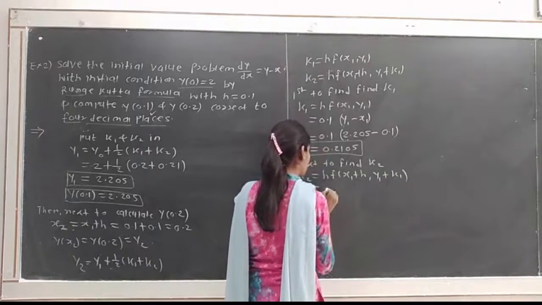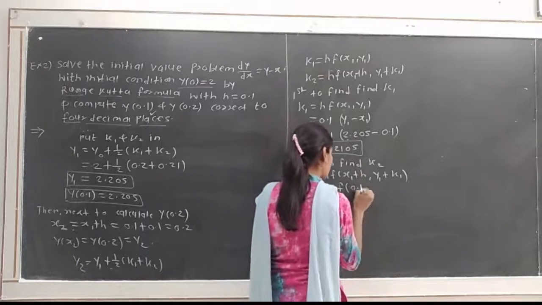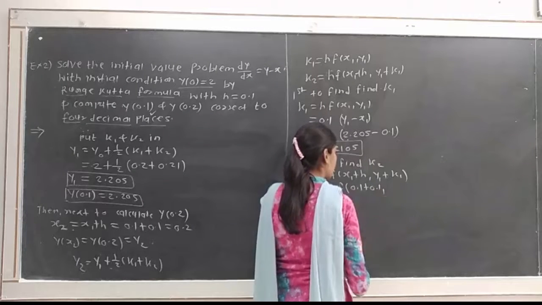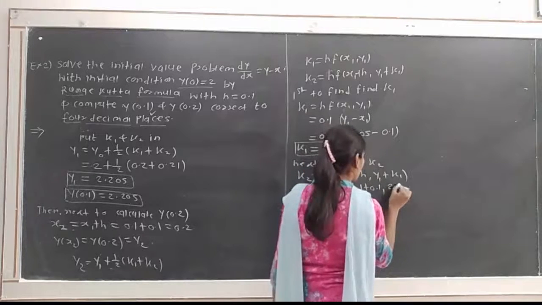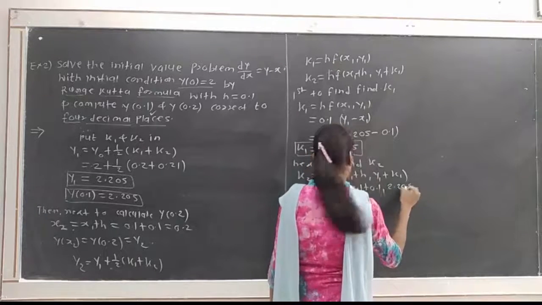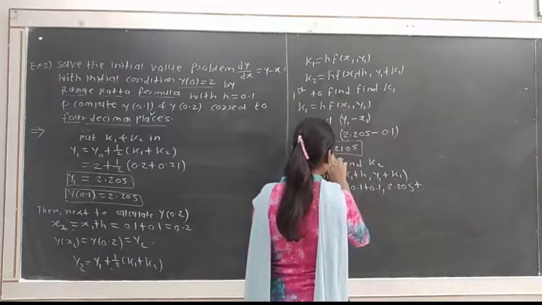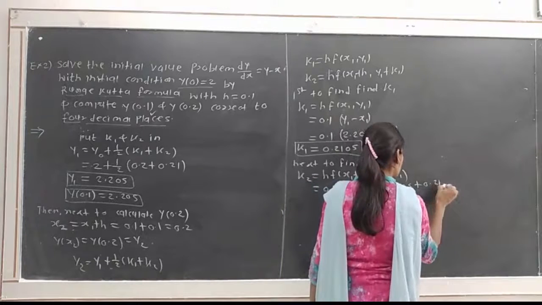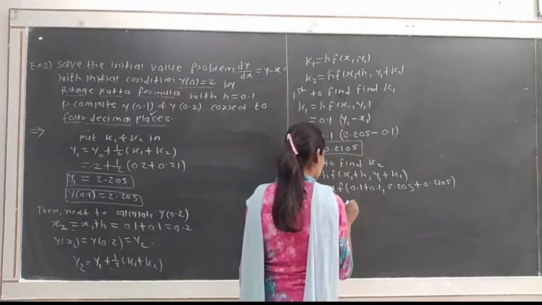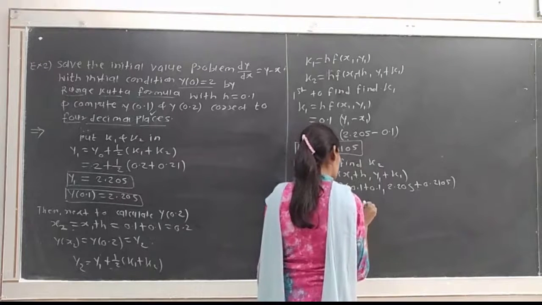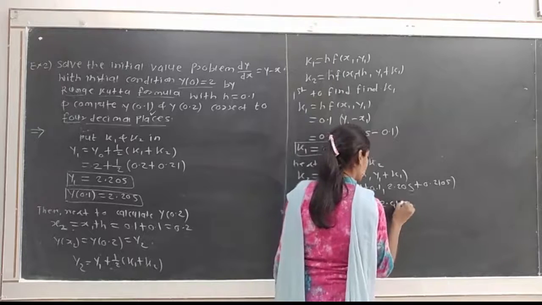So h will be 0.1, f of x1 is 0.1 plus 0.1, that is 0.2, comma y1 is 2.205 plus k1 which is 0.2105, so we get 2.4155.